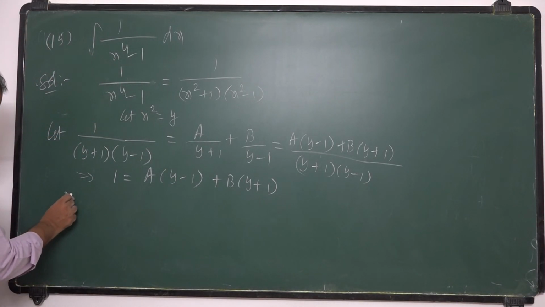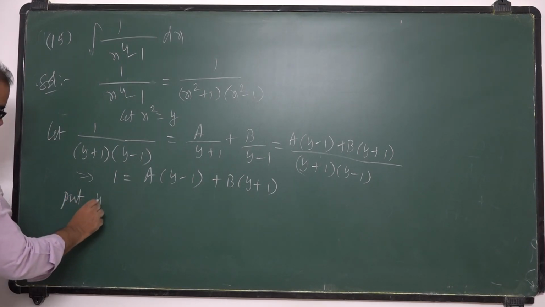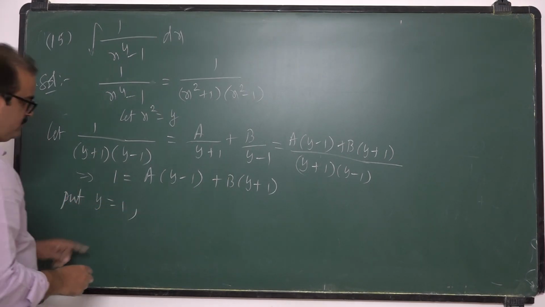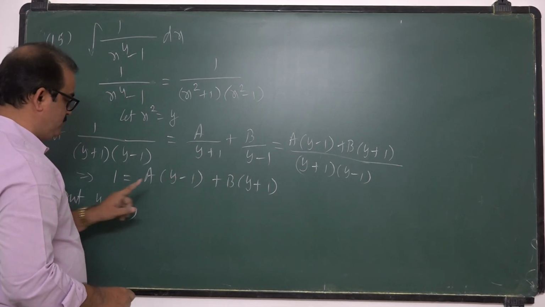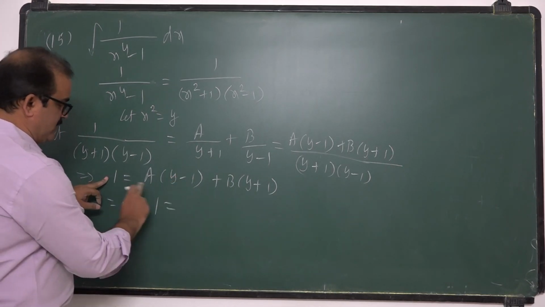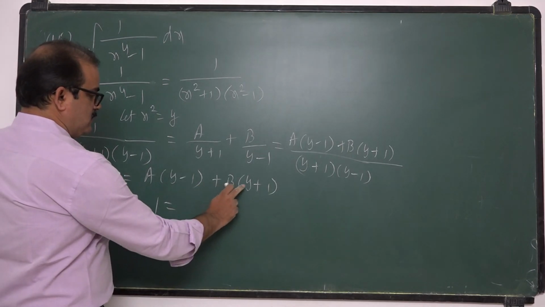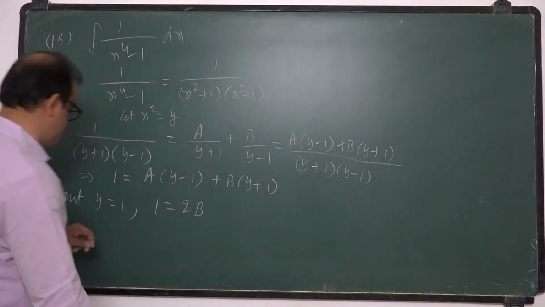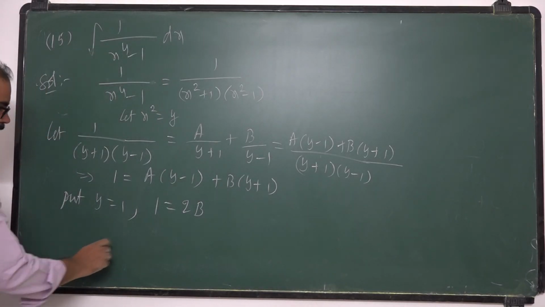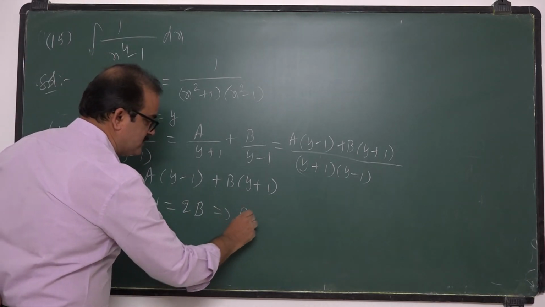Now you put y is equal to 1. If you put y is equal to 1, then this term is 0. 1 is equal to 1 plus 1, 2, 2B. From this, B value is 1 by 2.